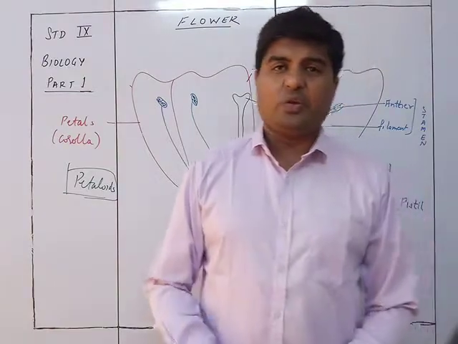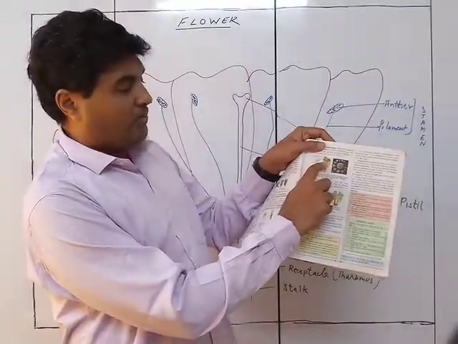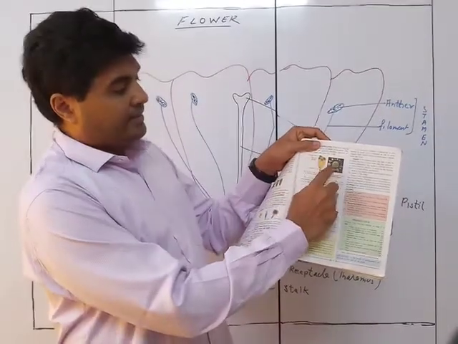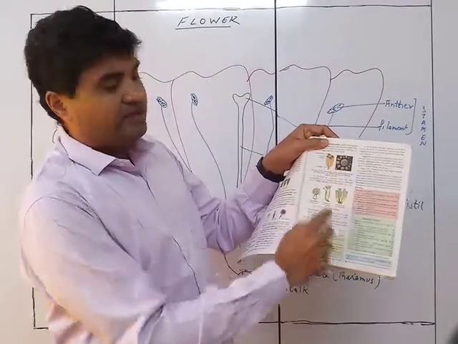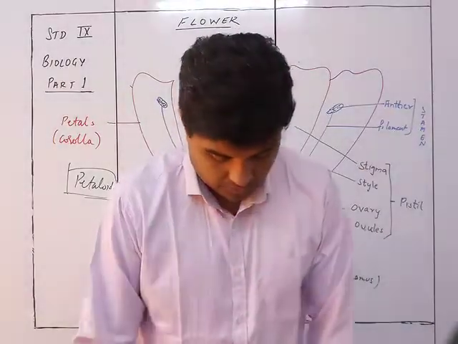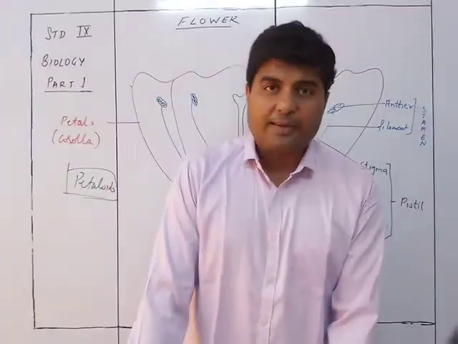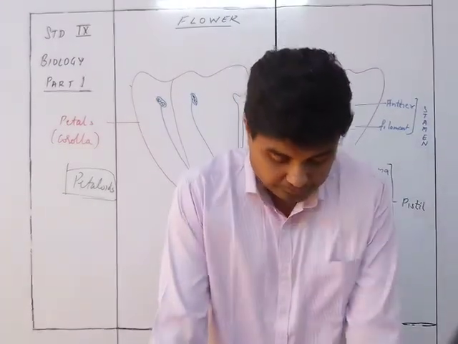So a figure is given here for the bilobe structure, the pollen sac, and the pollen grains, and these are the different kinds or shapes of the pollen grains. So you can study this figure. The figure gives you the general types or shapes of pollen grains.